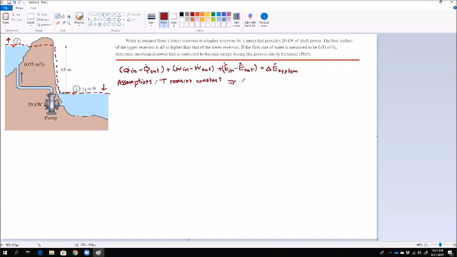So we don't expect any change in internal energy. We'll talk about that later. Also, because there is no temperature difference between the water and the ambient, this can be interpreted as no heat transfer rate. So the first one is no change in internal energy, and the second one, no heat transfer rate.